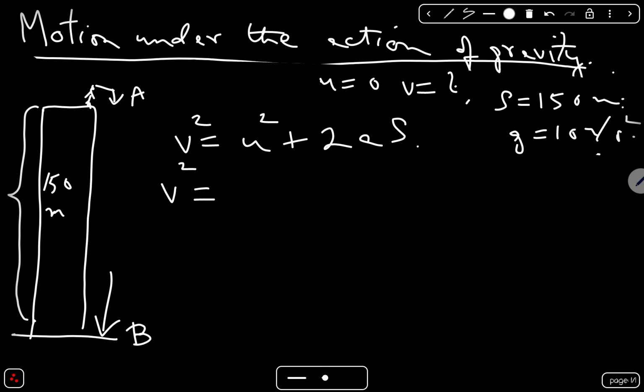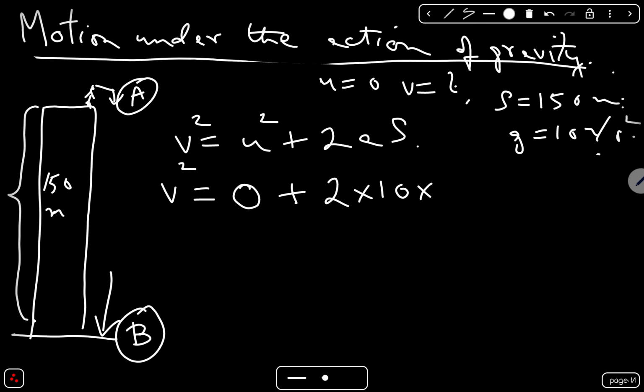Initial velocity at point A was 0 because it is just being released by the person, and when it is coming down it is in the direction of gravity, so acceleration will be positive, plus 10, remember. So it becomes 2 into 10 into s, where s is the distance traveled from point A to point B, which is the height of the building, 150 meters.